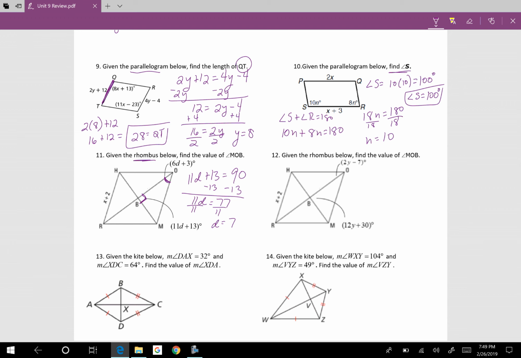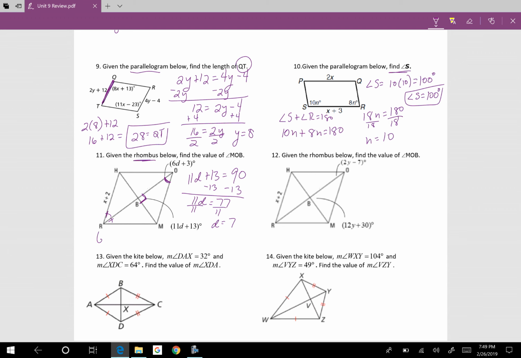Now, MOB, that's this half of the angle right here. This other half is 6D plus 3. Now, it's a rhombus, so we know that on a rhombus, our diagonals are cutting these angles into 2 equal parts. So whatever this 6D plus 3 is, that's also what this MOB is right there.